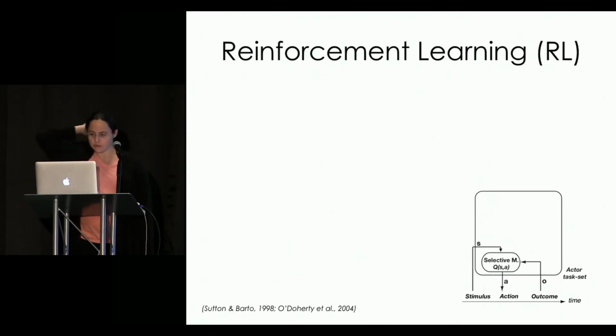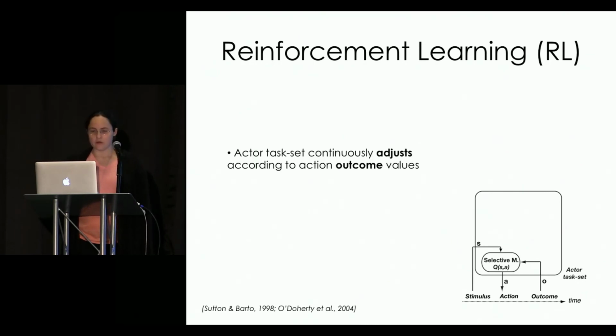The model is able to learn the task and adjust to changes in contingencies. But it's never going to be able to reuse past information because it's going to learn as it goes. So what we call the actor task set, the current policy in use, is continuously being updated. That could not have accounted for the data.